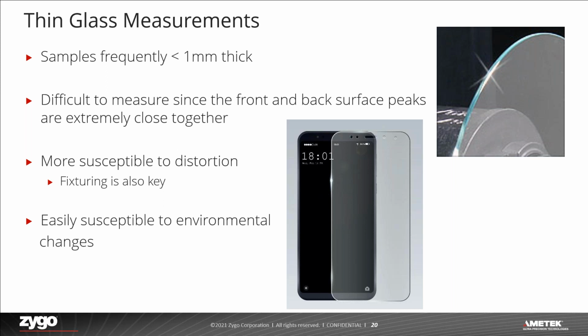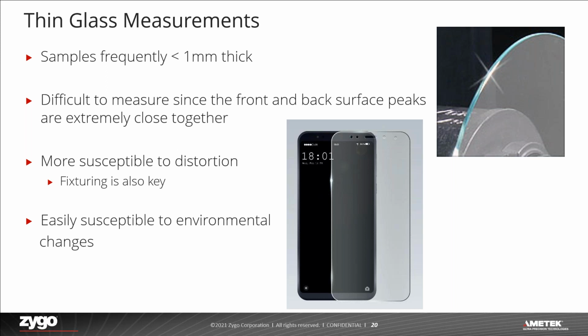Traditionally, these are very difficult to measure since the front and back surface peaks, as we saw in our OPD spectrum earlier, would be extremely close together. Zygo has been able to overcome this somewhat, and on our current MST, we can do a minimum optical thickness, being the physical thickness of your part multiplied by the index of refraction of the material, of 0.6 millimeters.